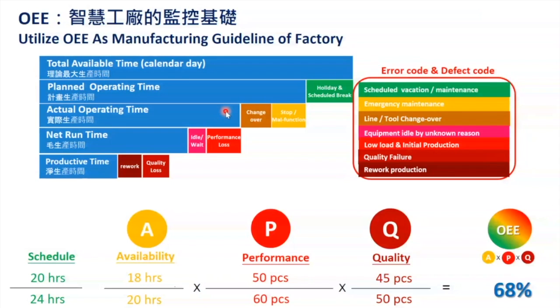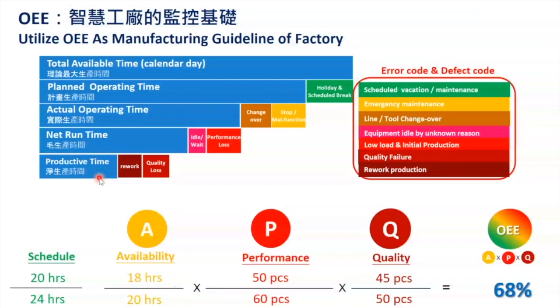And there is also net runtime, where your equipment may be idle for some unknown reason. You also may have some low load in initial production, some performance loss, etc. And there is also production time, where things like quality failure might happen. So you need to watch out for your rework production and your quality loss.